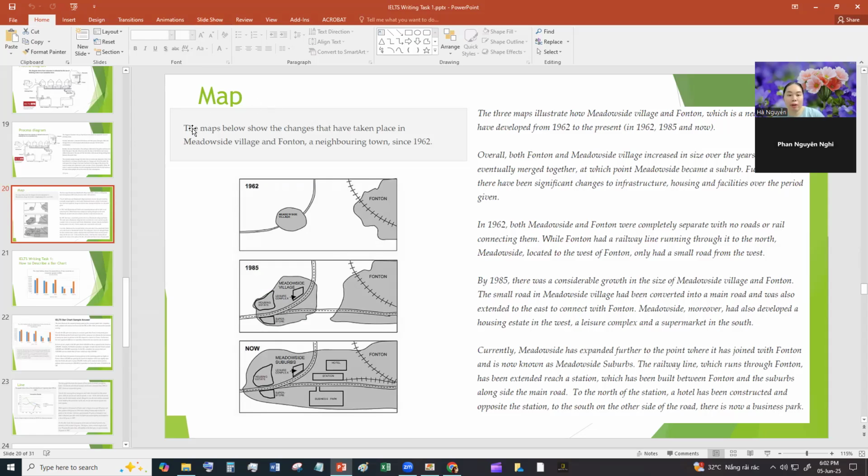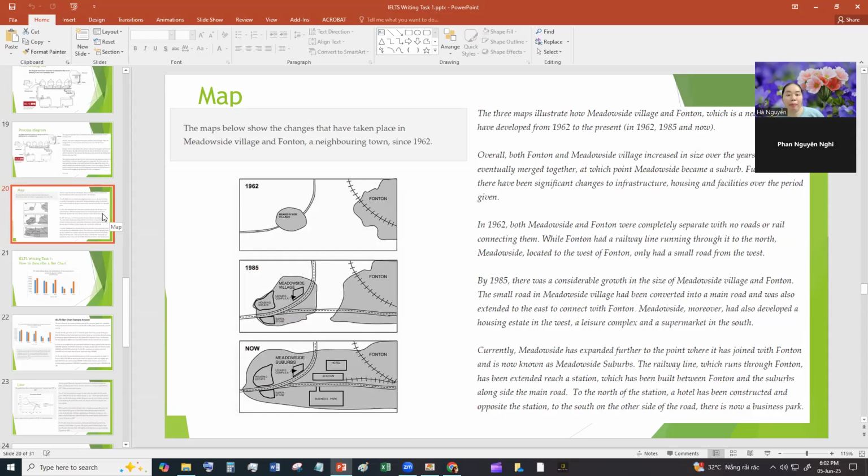Can you read for me the question, the maps below? The maps below show the changes that have taken place in Middleside Village and Fontaine, a neighboring town, since 1962. Thank you very much.